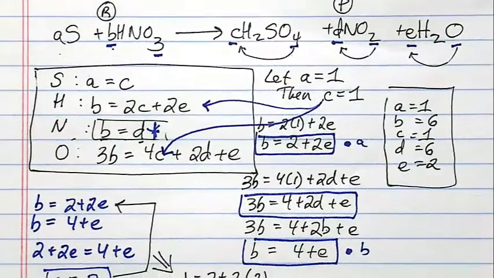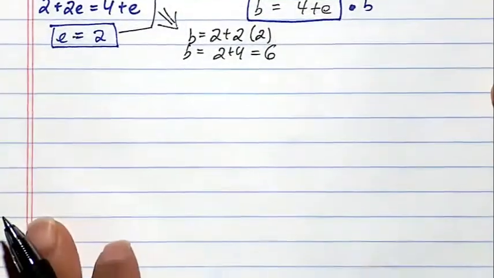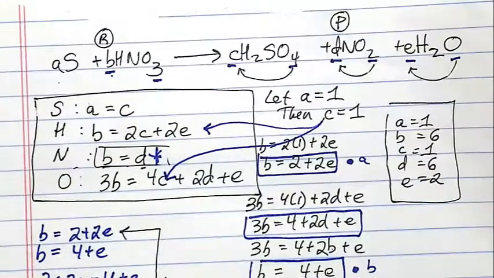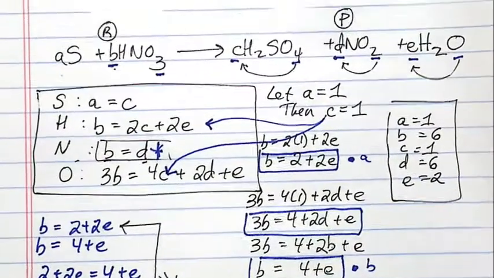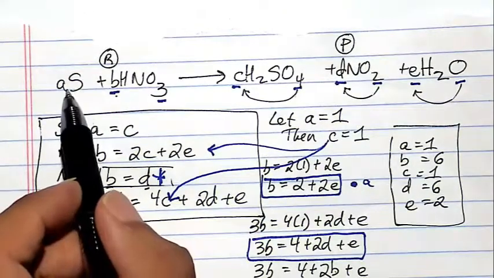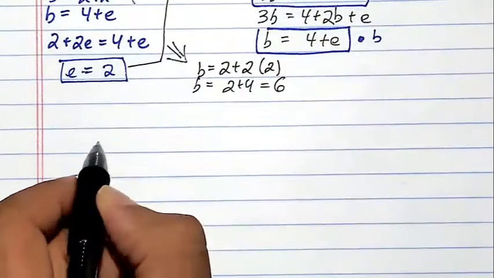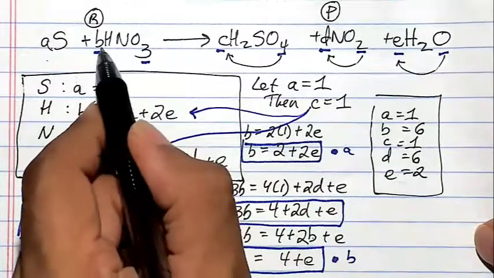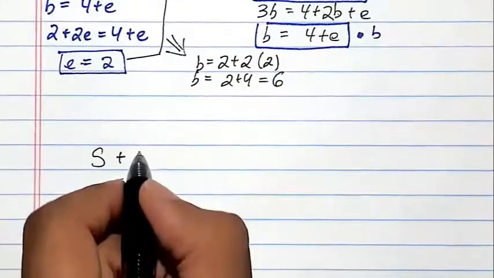So let's rewrite this now and see if it's balanced. Okay, going back up here, all right, I have A is equal to 1, so that's going to be S. B is equal to 6, so that's going to be 6HNO3.